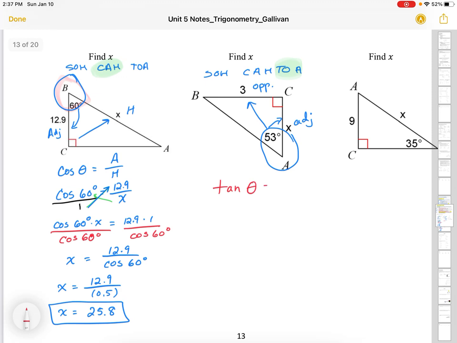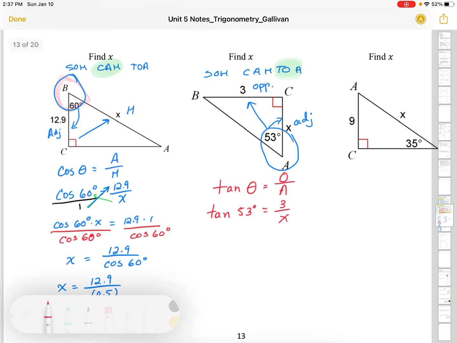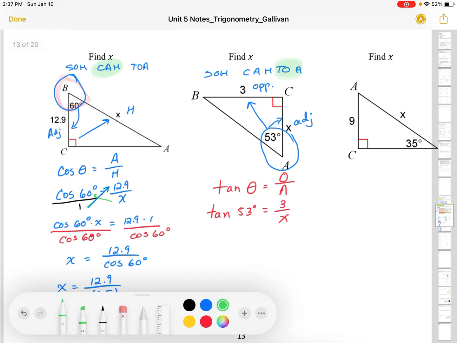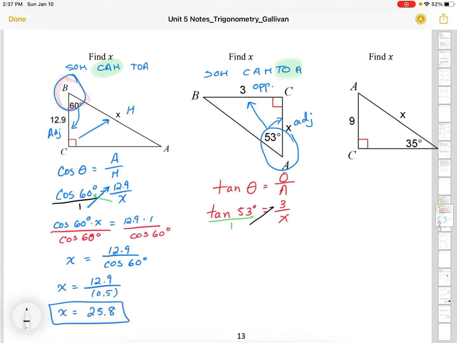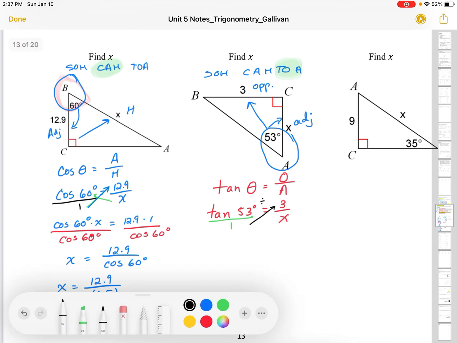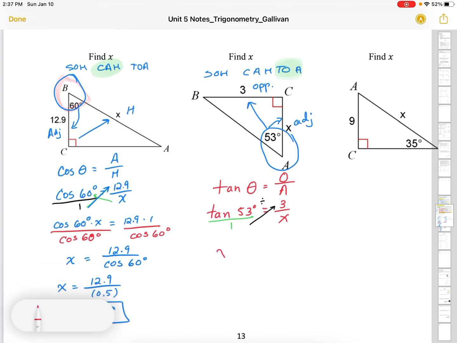So tan of theta is equal to opposite over adjacent. So tan of 53 degrees is equal to, opposite is 3, adjacent is x. So we remember this is like it's over an imaginary 1. We're going to cross multiply and divide by the remainder there. So that will be x is equal to 3 divided by tan of 53 degrees.